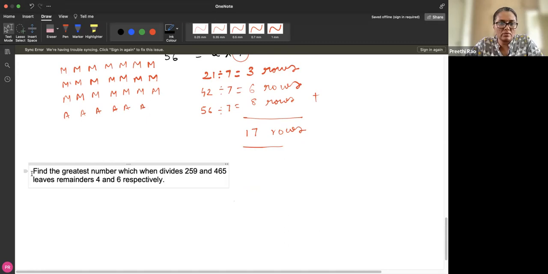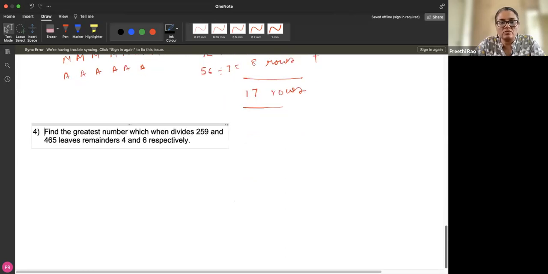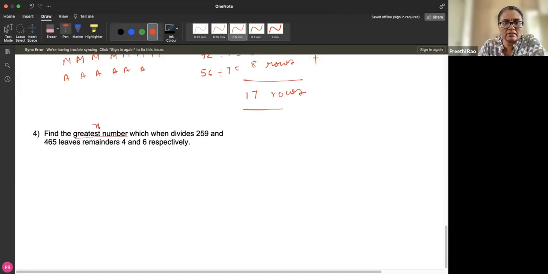Okay, this is the next question. Find the greatest number which when divides 259 and 465 leaves remainders of 4 and 6 respectively. Let's say this greatest number is x.